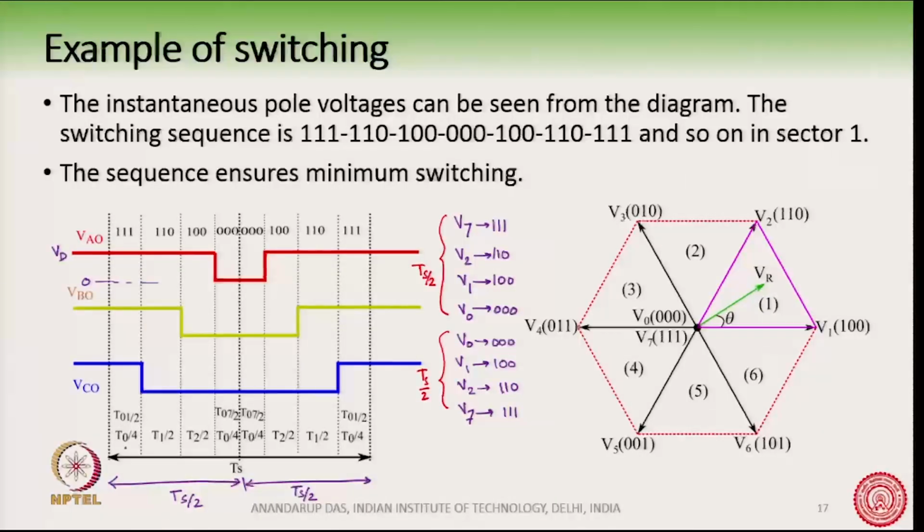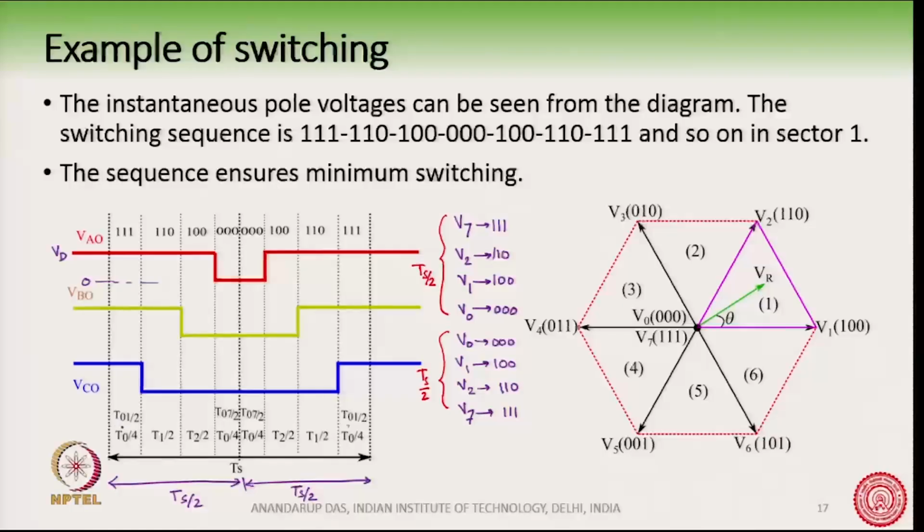So, we have now 4 states under 4 timing periods under Ts by 2. Those 4 timing periods are T07 by 2, T1 by 2, T2 by 2 and T0 by 2. And in the second subcycle Ts by 2 we have T0 by 2, T2 by 2, T1 by 2 and T07 by 2. So, basically we have split the whole thing into two parts.